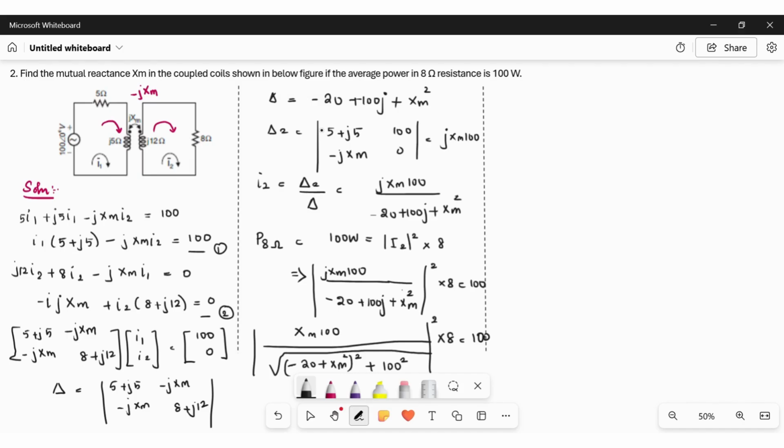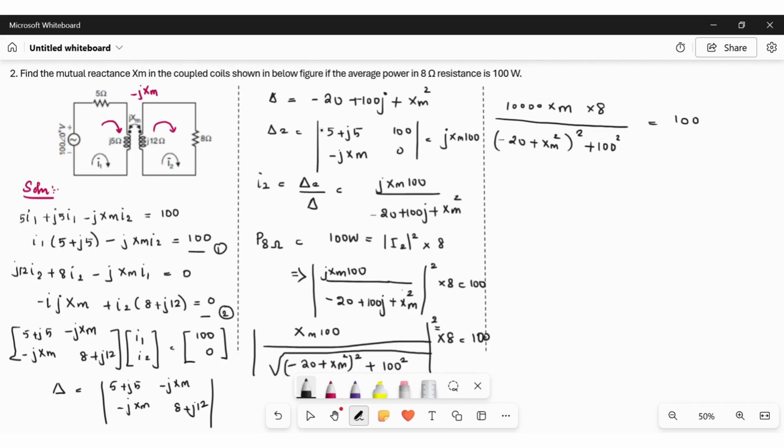Further, we are going to simplify this function. We can take square on both sides. Then we will get 10,000 XM square into 8 divided by, the root will get cancelled, minus 20 plus XM square the whole square plus 100 square, which is equal to 100.